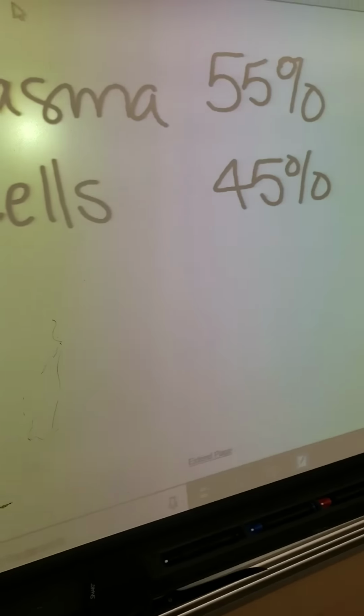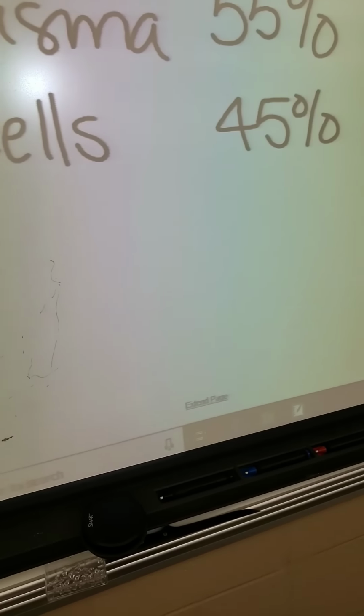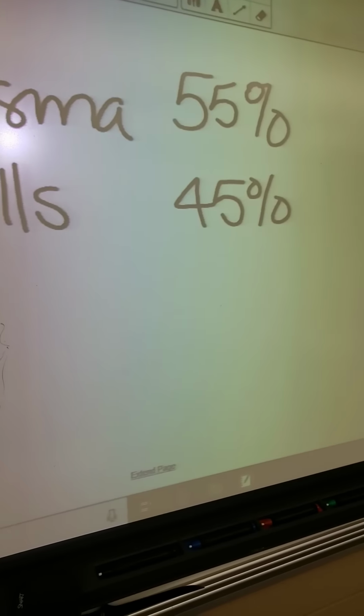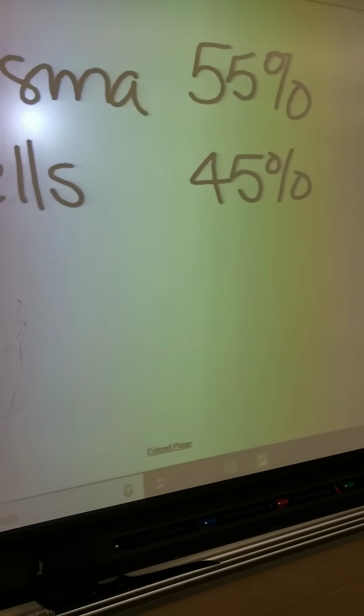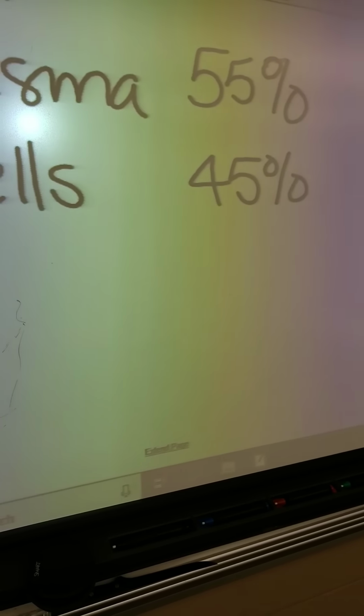You have 2 major components, plasma and cells. Blood consists of 55% plasma and 45% cells. Plasma is the liquid portion, and 90% of this liquid portion is actually water.